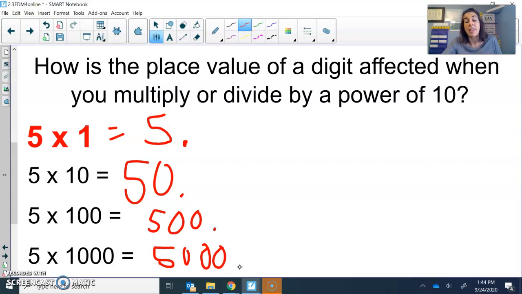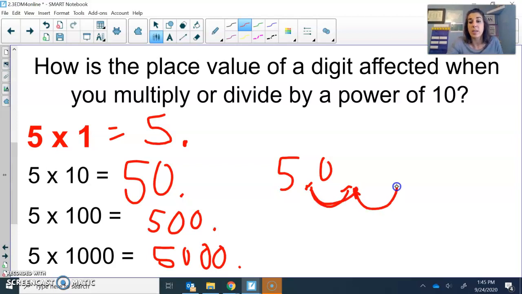Well, if you said that it moved one place value to the right every time, you would be correct. 5 times 1 is 5. 5 times 10, move that decimal point once over, and you get 50. 5 times 100, move that decimal point twice over, and you would get 500. 5 times 1,000, move that decimal point 3 spaces, and you get 5,000.